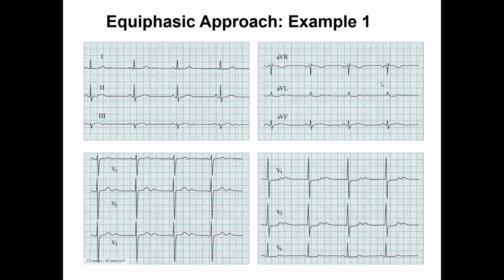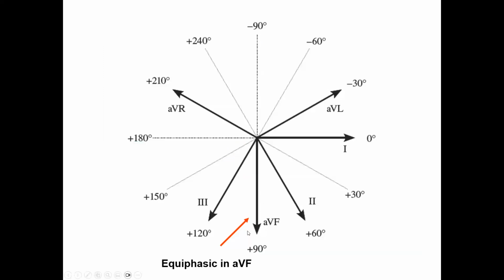It goes very nice. So one thing, that's the equiphasic approach. If we see an equiphasic lead, that's an easy one. And here we see the equiphasic one because that's AVF. Good. What does it mean? It means that we are exactly 90 degrees to this AVF. How can we be at 90 degrees?